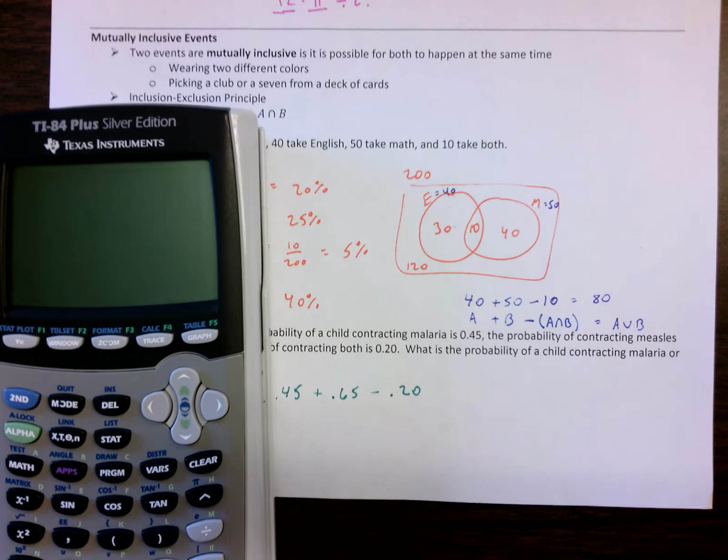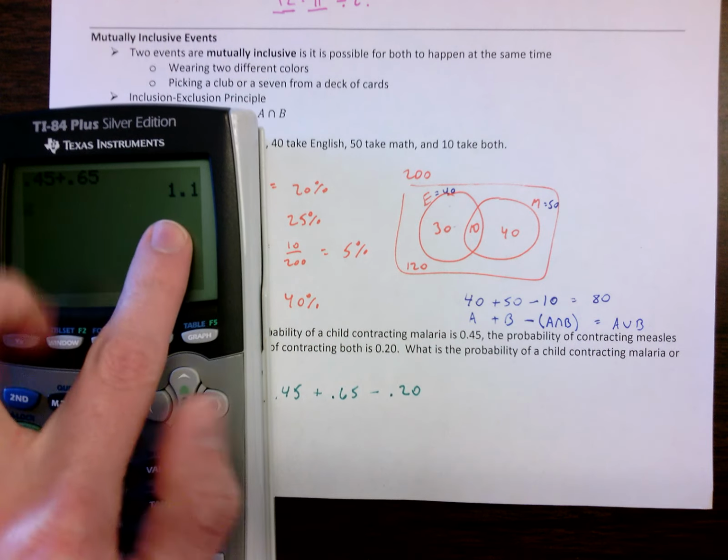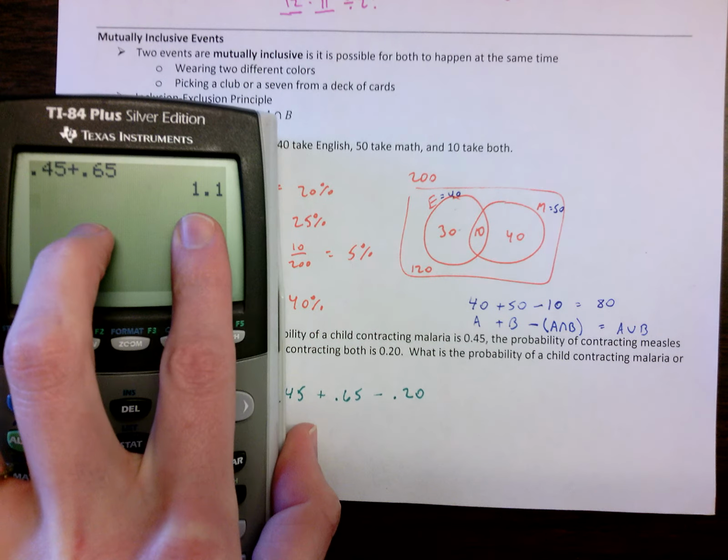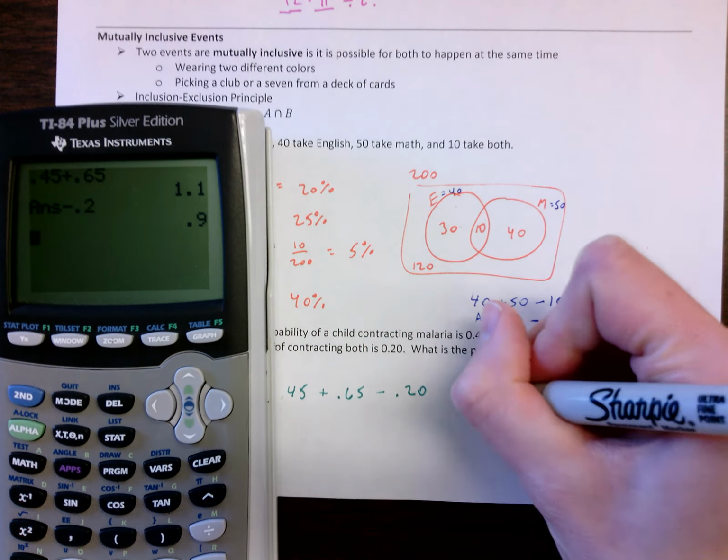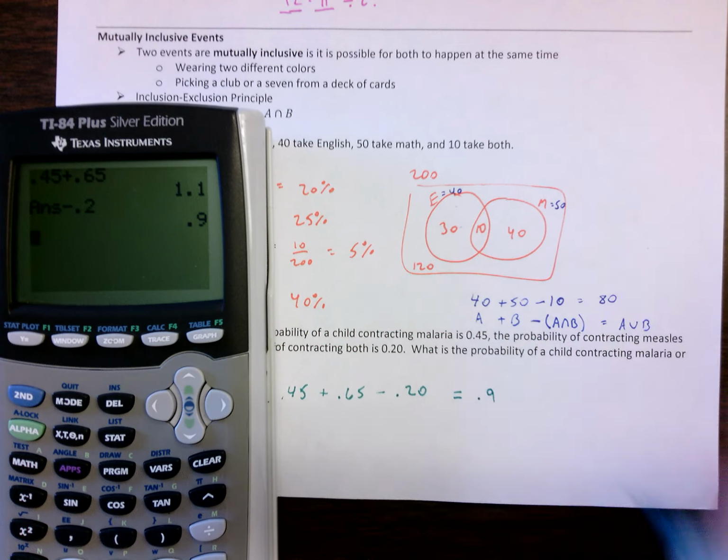So I'm going to do 0.45 plus 0.65. Notice that's more than 100%, right? Which can't happen, okay? Because we double counted that middle section. So when I subtract that double counted section, we get 0.9.